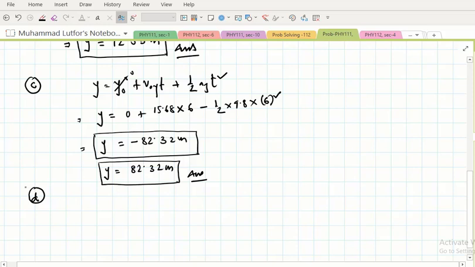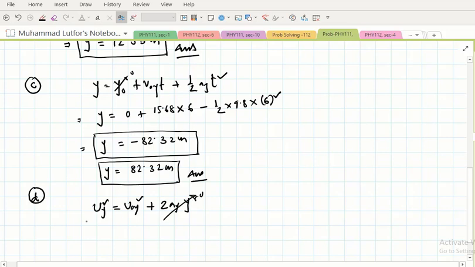Basically, you can use v equal to u plus at, or you can use v square equals v naught y square plus 2 a y into y. So this one would be basically 0.